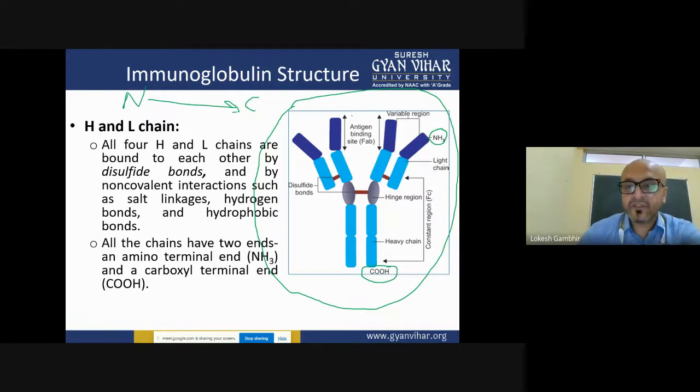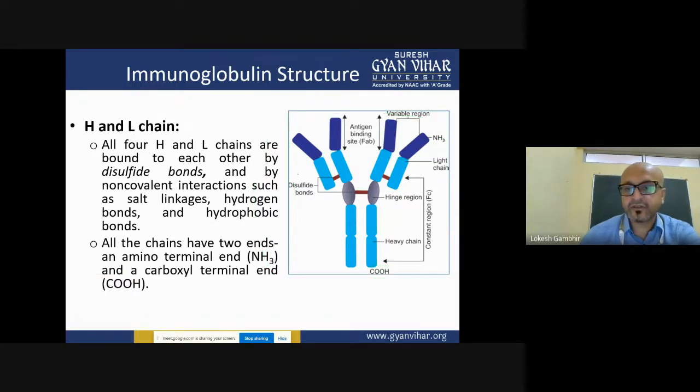The regions which are variable contain the NH3 end. Regions which are constant contain a free carboxylic acid group. Fine. And that is the reason why the synthesis takes place from mRNA in this direction. Okay. Apart from this, let's talk about other scenarios.